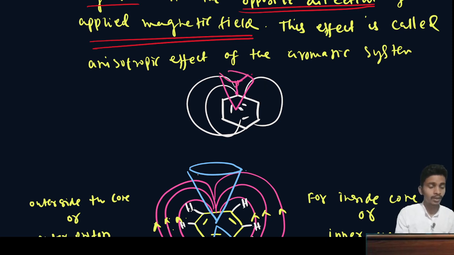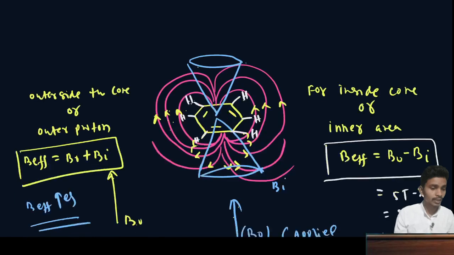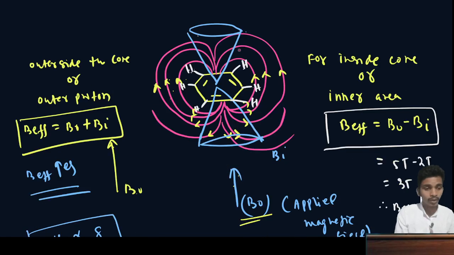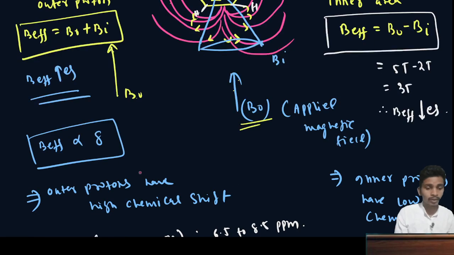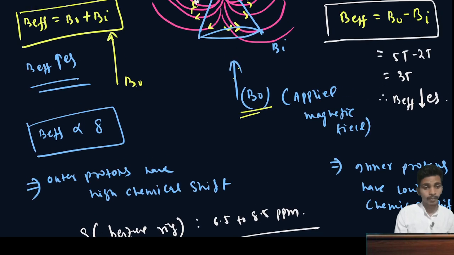So this is the wrong structure. Actually, what was experimentally found is that the benzene ring exists in this manner, and all the protons are outside the ring, and all the protons have chemical shift in the range 6.5 to 8.5 ppm. Okay, this is for aromatic systems.